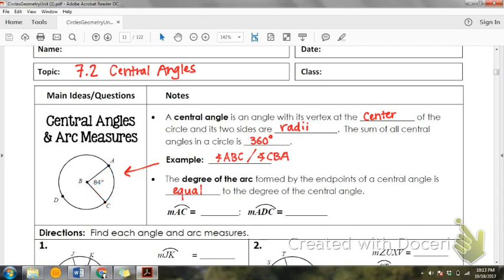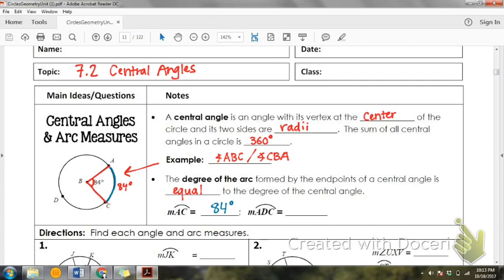So if this angle is 84, then the arc that the angle opens up to is also 84 degrees from here to here. Okay, so we know the measure of, that's what this little M means, is the measure of arc AC, we said is 84 degrees.